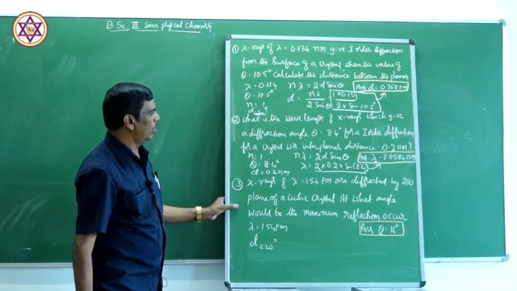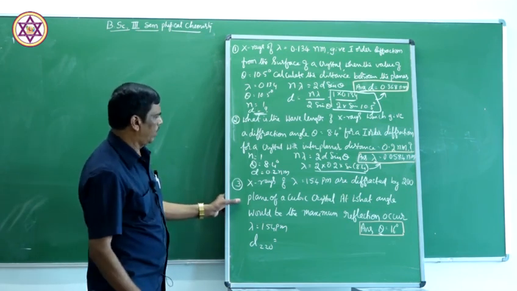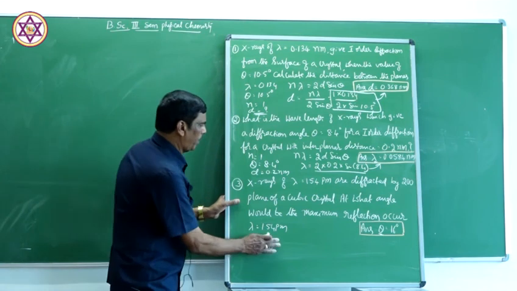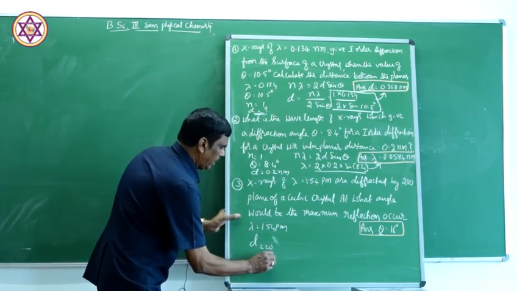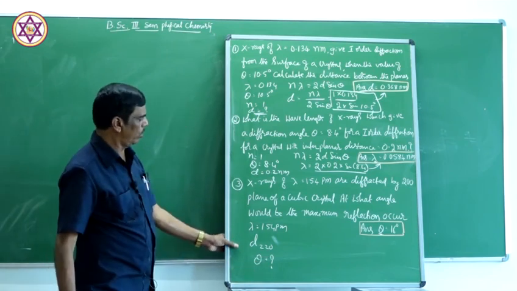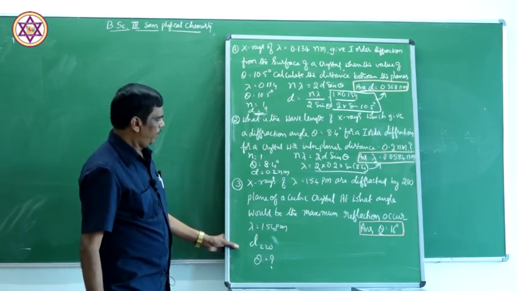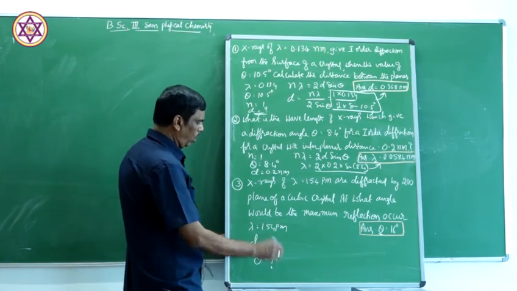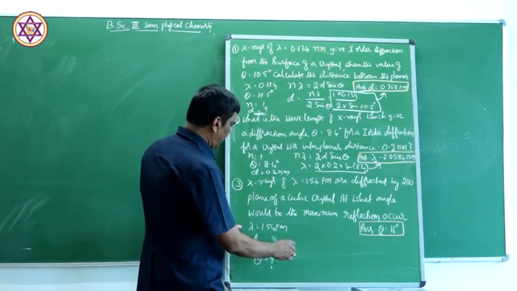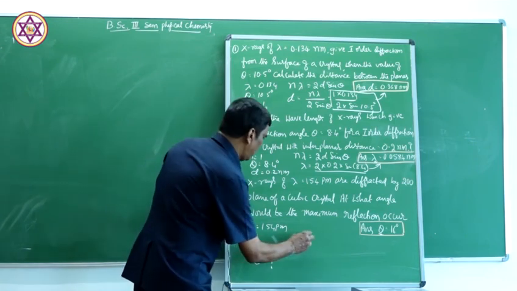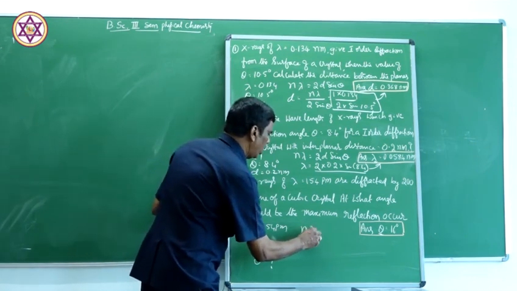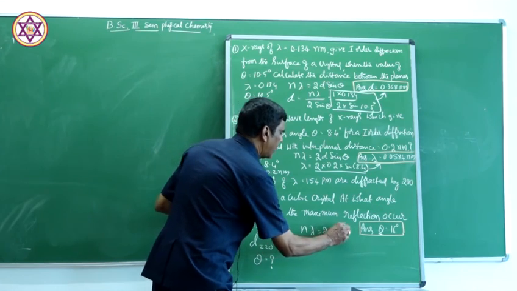What we have to calculate is the angle theta. So, here we can use n lambda is equal to 2d sin theta.